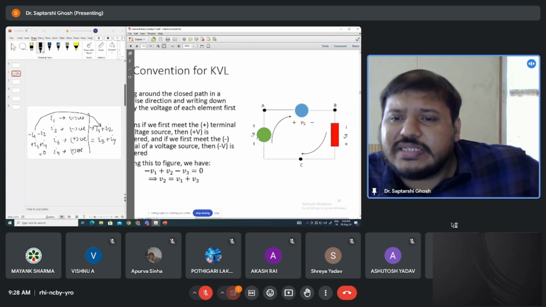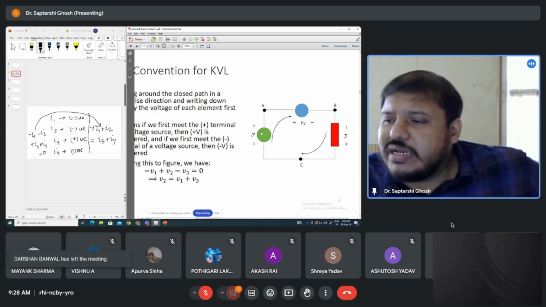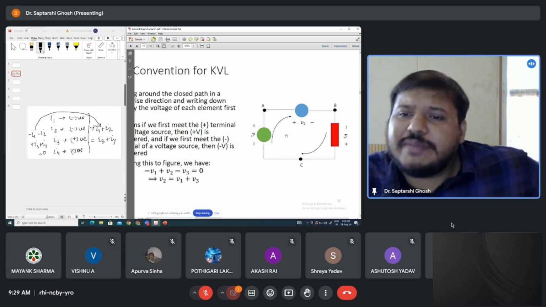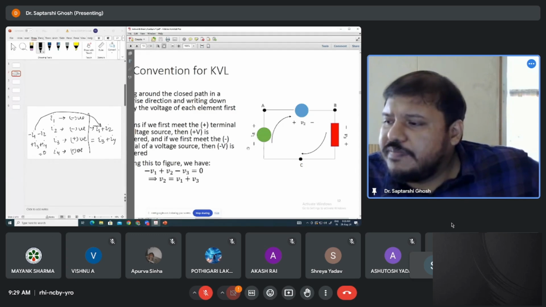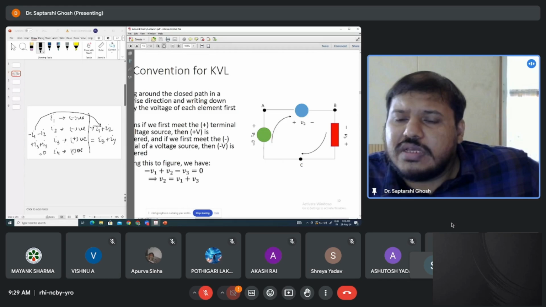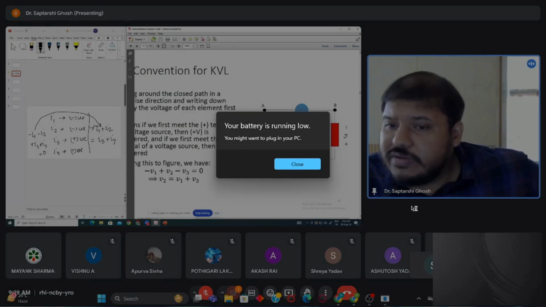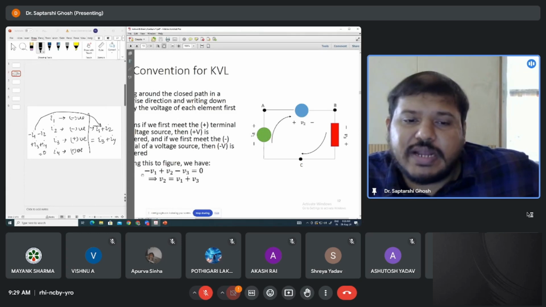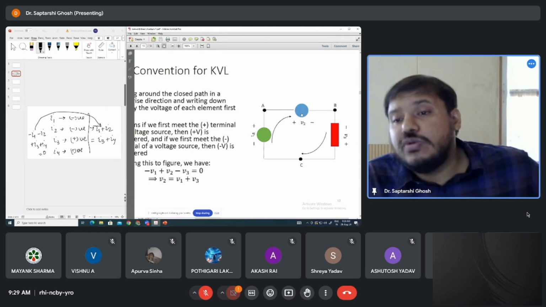Let us say we are going in the clockwise direction. We have started from this green element. Which sign do you meet first? You see the negative sign first, so minus V1. Again in the clockwise direction, the next element is this blue one.